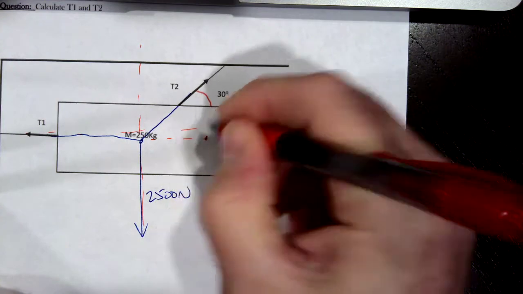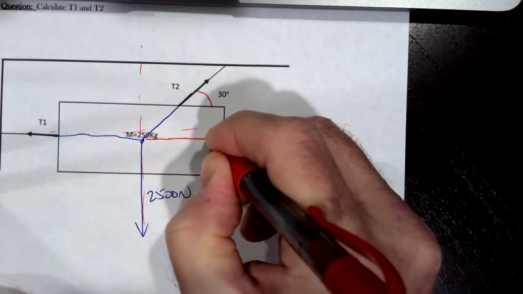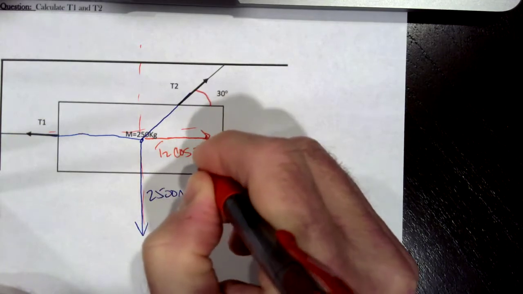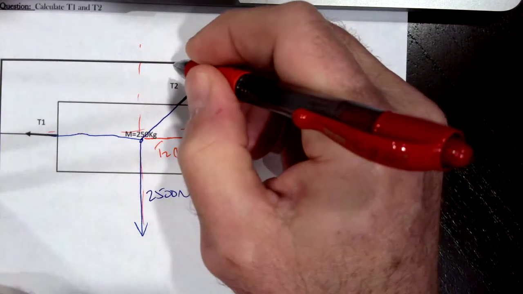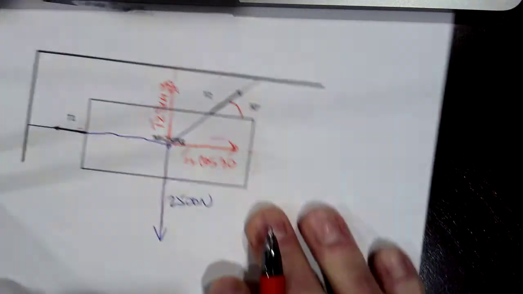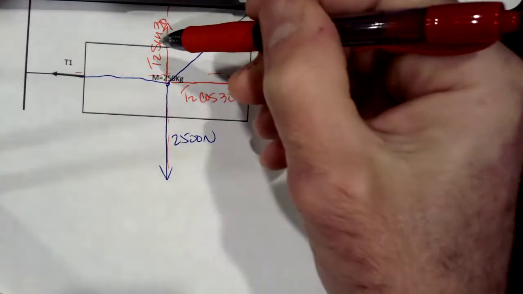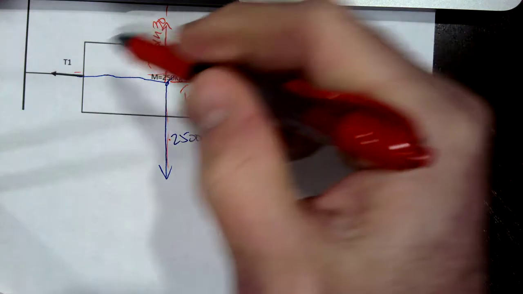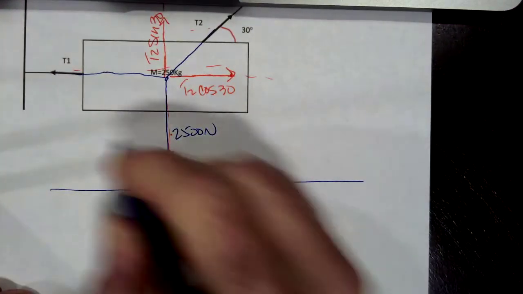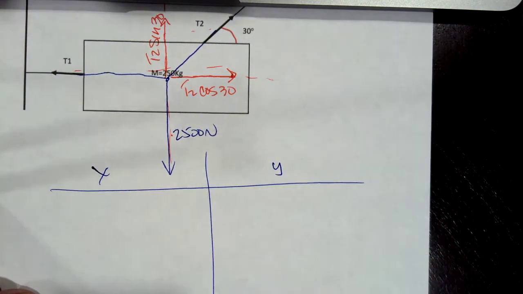So down here, that would be T2 cos 30, and this would be T2 sine 30. T2 pulls against the 2500, T1 pulls against T2 cos 30, so I'm going to divide things up: X, Y axis.